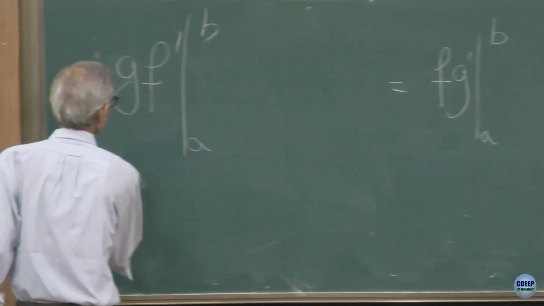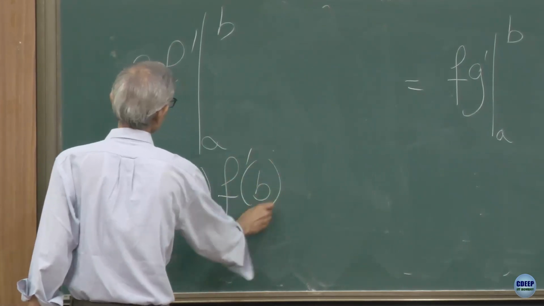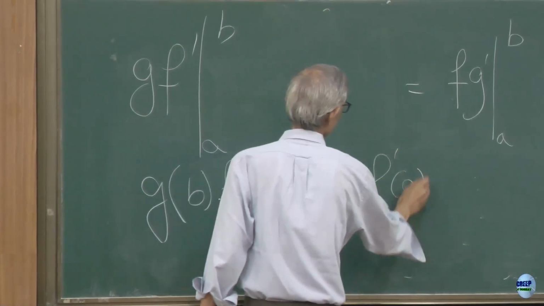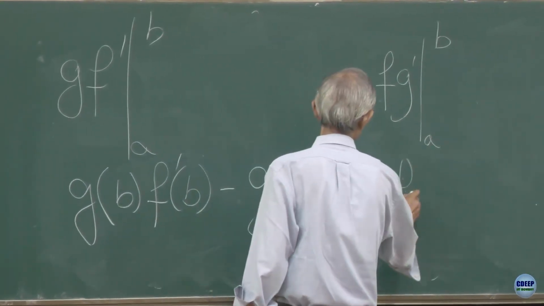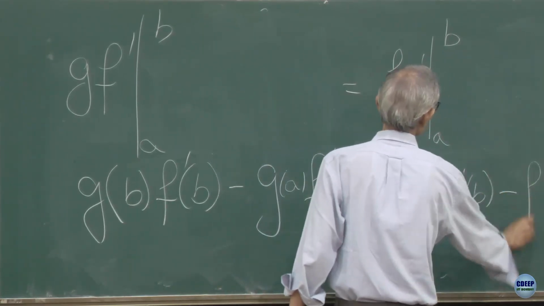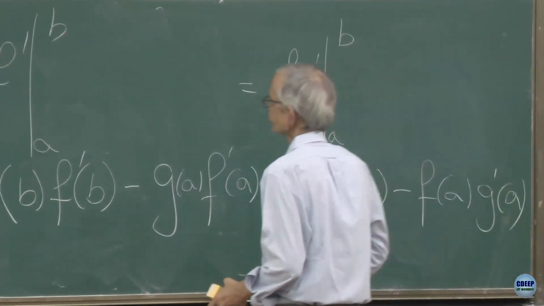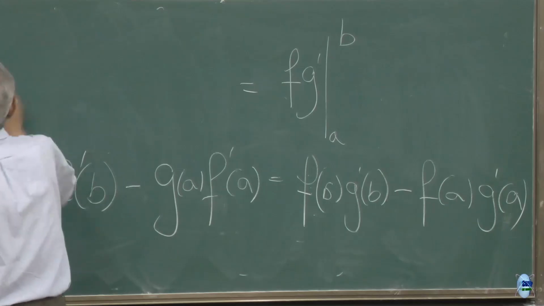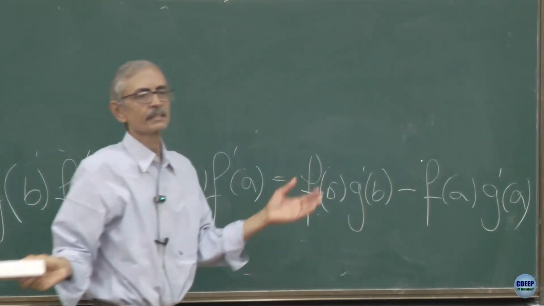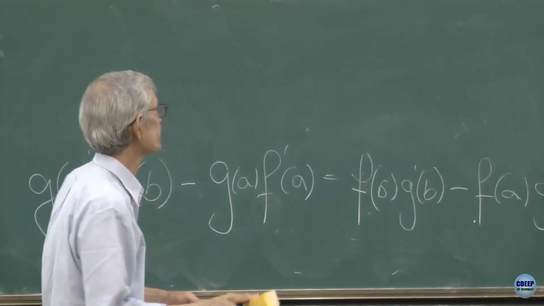So g(b) f prime(b) minus g(a) f prime(a) must be equal to f(b) g prime(b) minus f(a) g prime(a). If this is satisfied, then this which we have identified as some kind of a linear operator is indeed going to be self-adjoint.